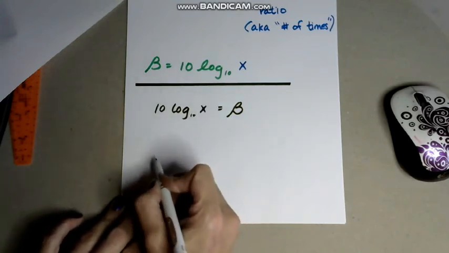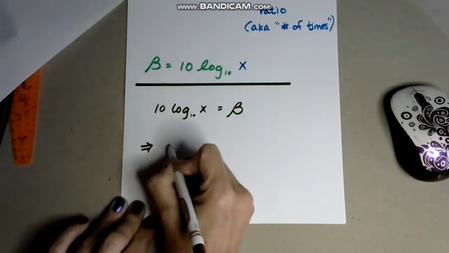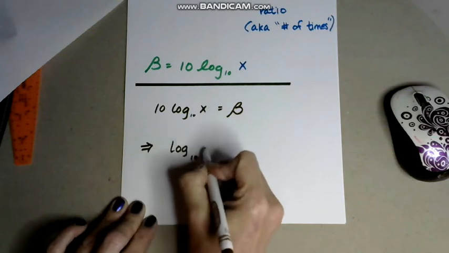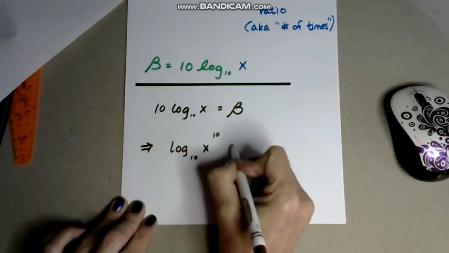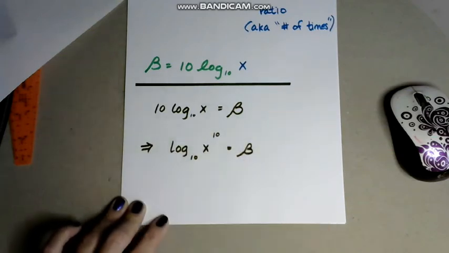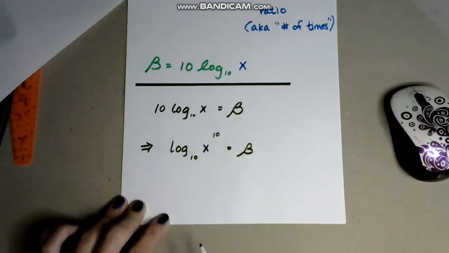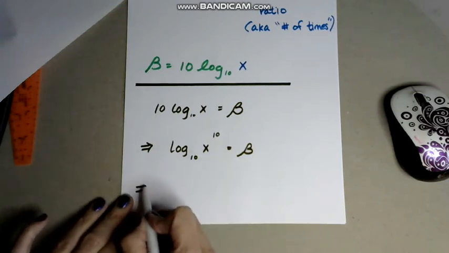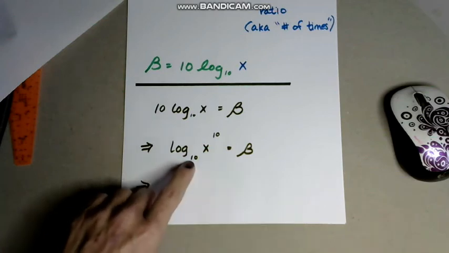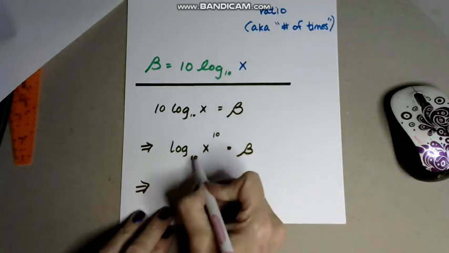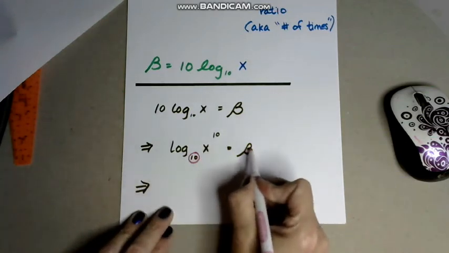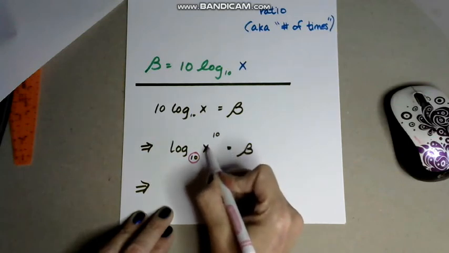Okay, so our first step would be that log 10x to the 10th equals our decibels. Your next step is take what sticks out, which is that little 10 right there. Okay, so it's 10 to that power equals this.